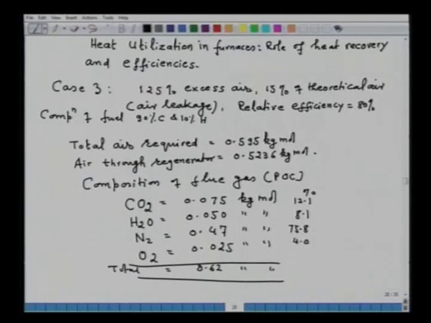Obviously, with the increase in air, the percent CO2, H2O, N2, O2 will be different from what they were in case 1 and case 2. Now, we can represent this on a material balance diagram, which is as follows.